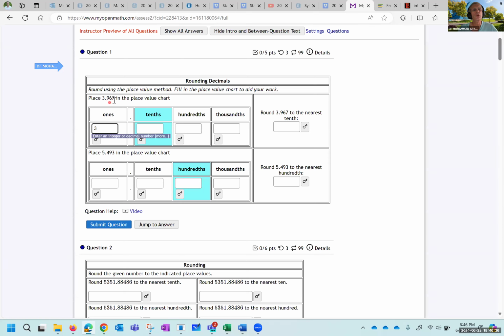For this one, 3.967, the tenths is 9 here, the hundredths is 6 here, and the thousandths 7. And we want to round it to the nearest tenth. It becomes 3.9, because 9 next to the 6 goes up to 10, so it becomes actually 4 or 4.0. Okay, and you can do the next one and so forth.